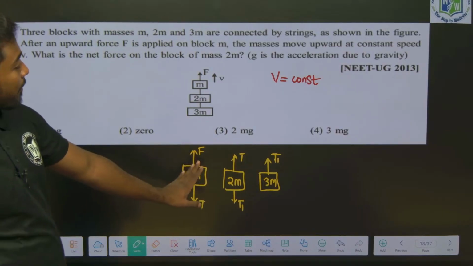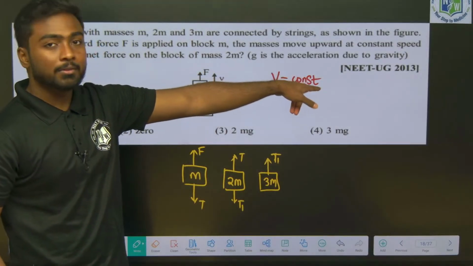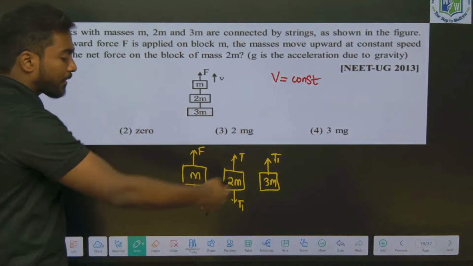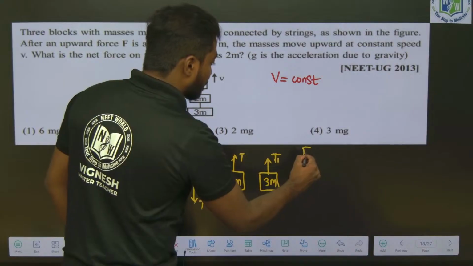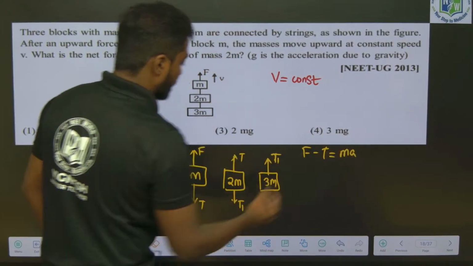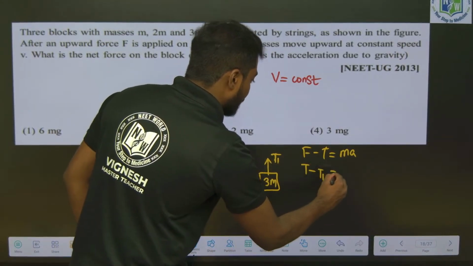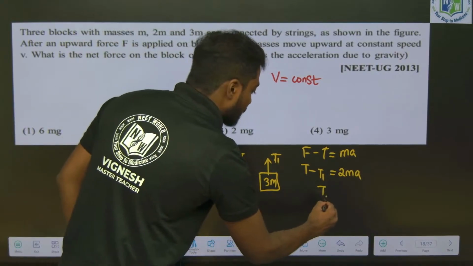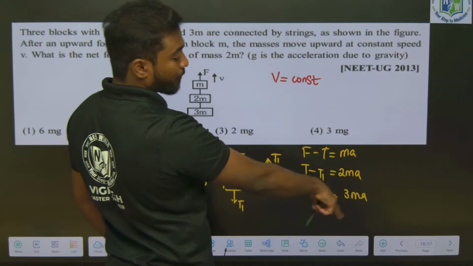It is moving upward with a constant velocity v. So the equations: F minus T is equal to ma, then T minus T1 is equal to 2ma, then T1 is equal to 3m into a.